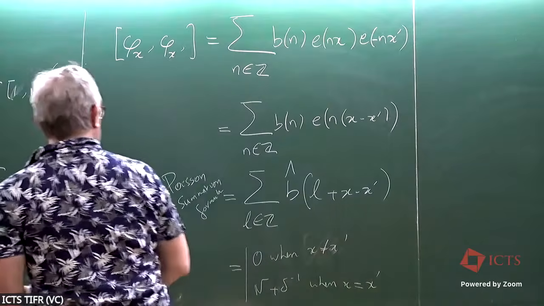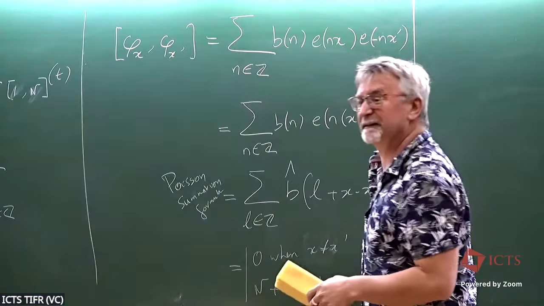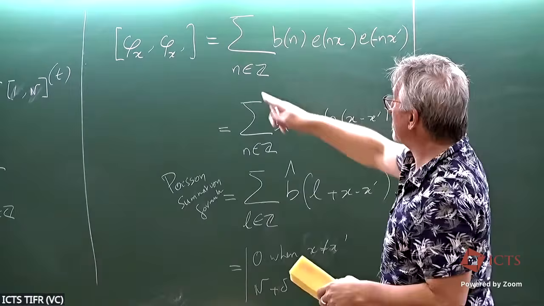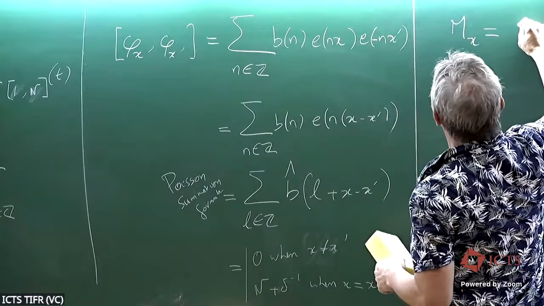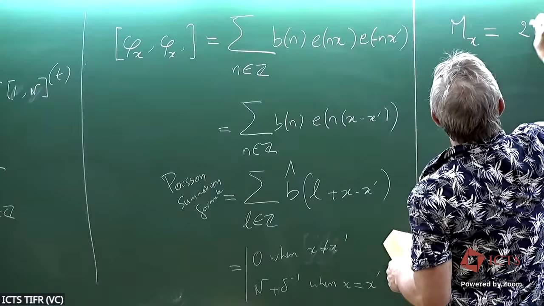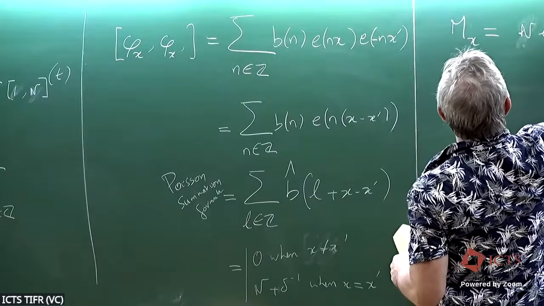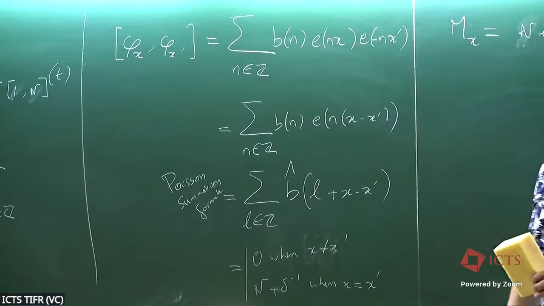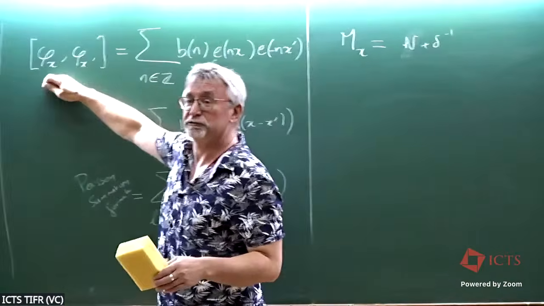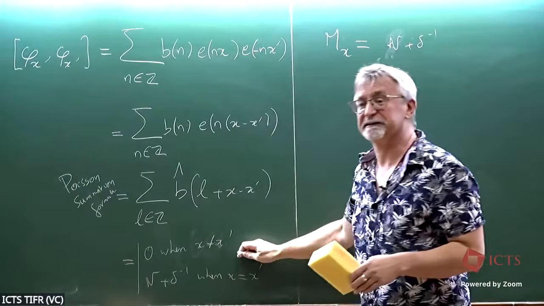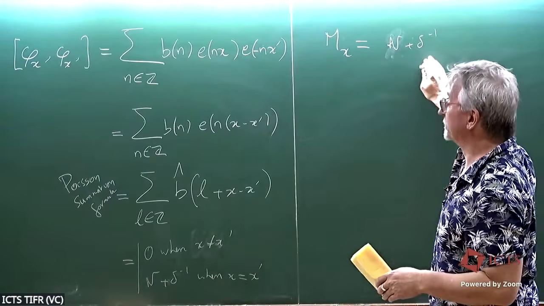If you have that, you see that m_x is equal to n plus delta minus 1, because it is the scalar product of phi x with itself plus all the other scalar products that are 0. So it is this one.